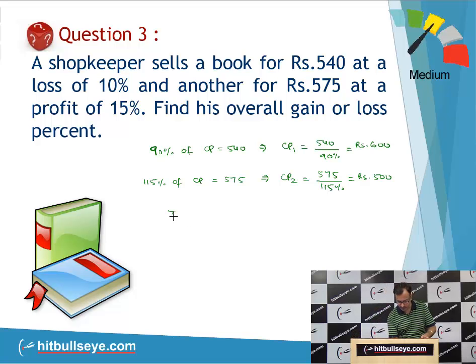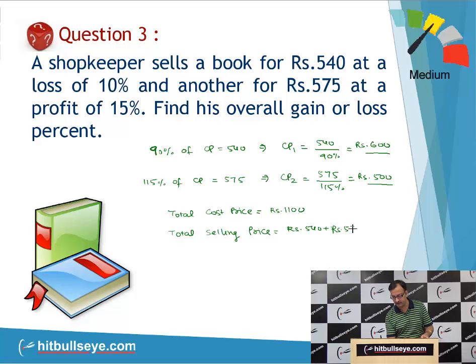Now let us find out the total cost price for the shopkeeper of the two books. So this will be rupees 600 and rupees 500, total is rupees 1100, while the total selling price becomes rupees 540 and rupees 575, which comes out to be rupees 1115.